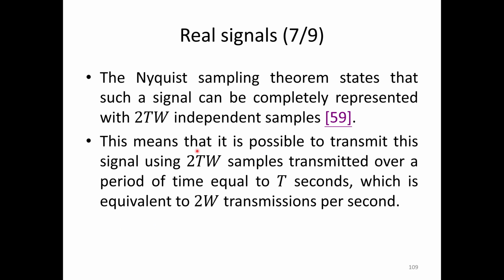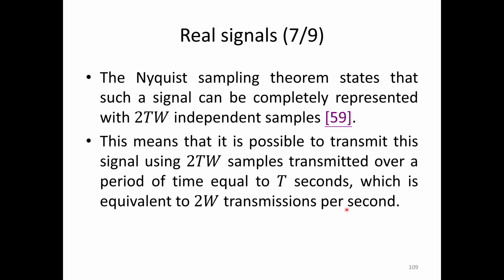This means that it is possible to transmit this signal using 2TW samples transmitted over a period of time equal to T seconds, which is equivalent to 2W transmissions per second.